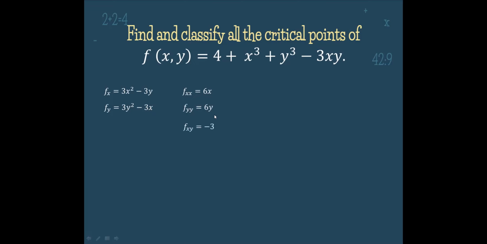And the third one is the mixed second order partial derivative xy, which we can get from our first order partial derivative of f with respect to x, and then differentiate with respect to y. So with respect to y, the 3x squared can be considered constant here, and then we have negative 3, which is actually the coefficient of y.